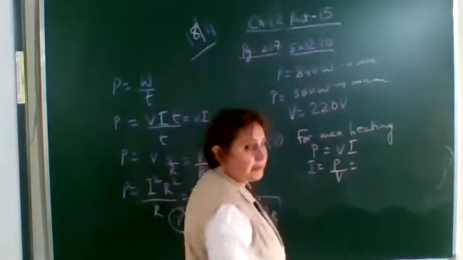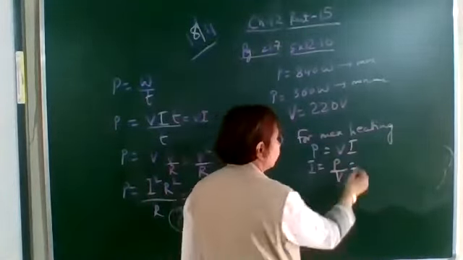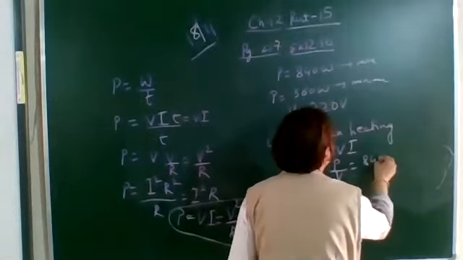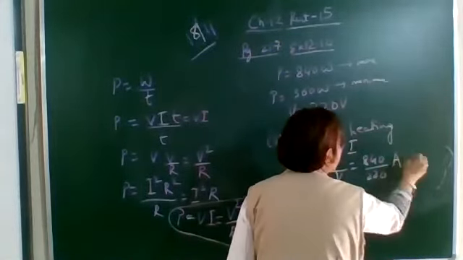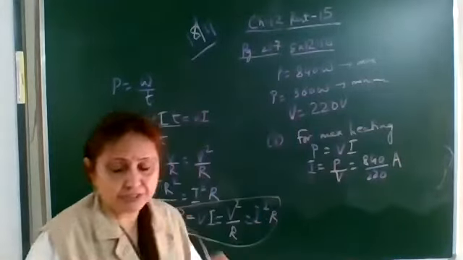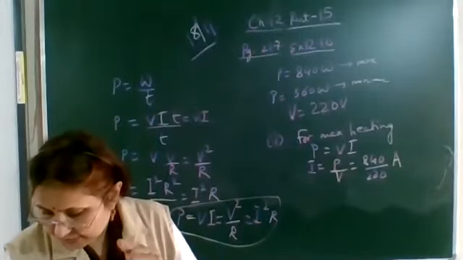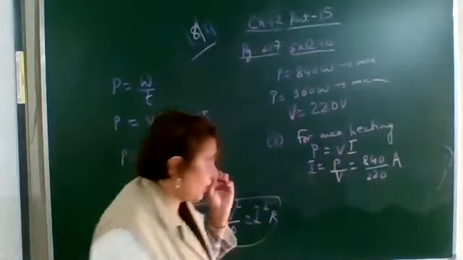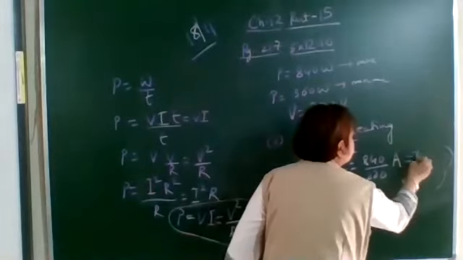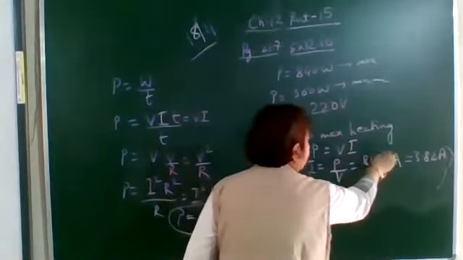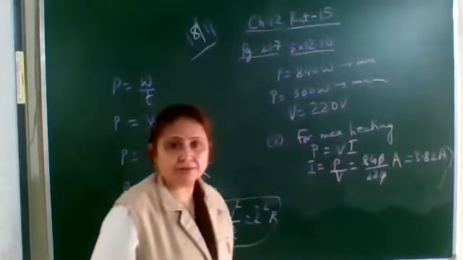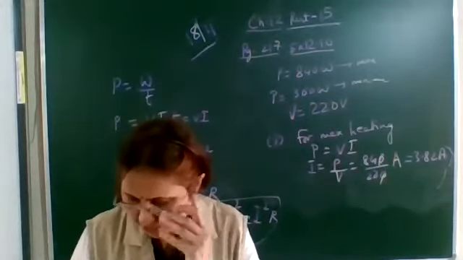For maximum heating, the power is 840 watt, and the potential difference is 220 volt, so I is 840 upon 220 ampere. On calculating, this comes out to be 3.82 ampere.